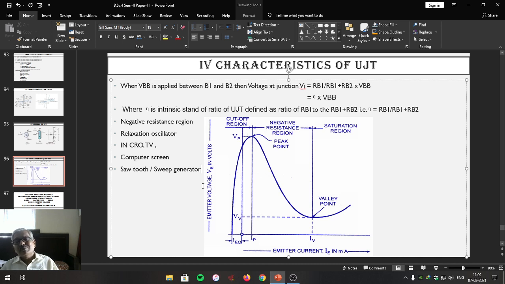Friends, almost all, we have completed 5 topics from your syllabus related to paper number 3, namely semiconductor, p-n junction diode, BJT, FET, and power devices, which we call Thyristors. These are the 5 topics which are expected to be covered.